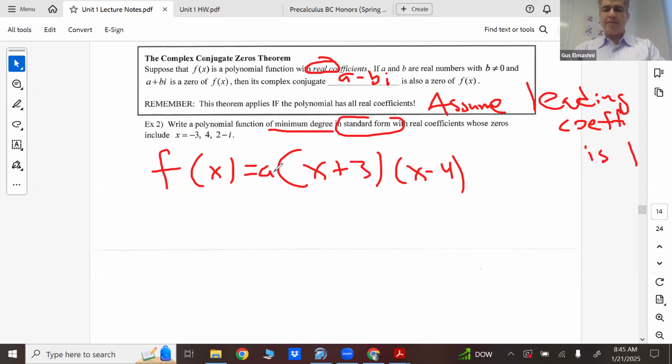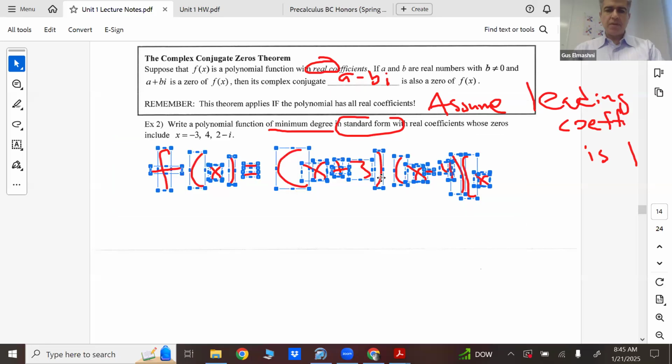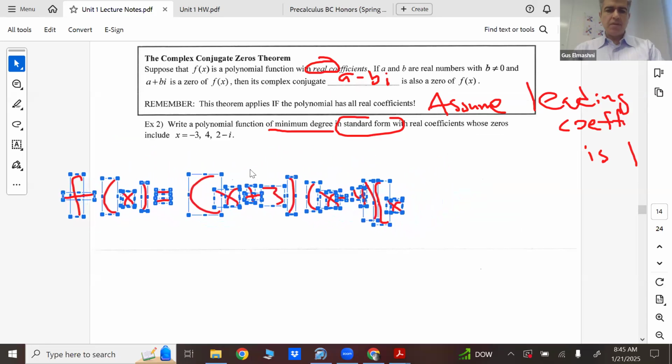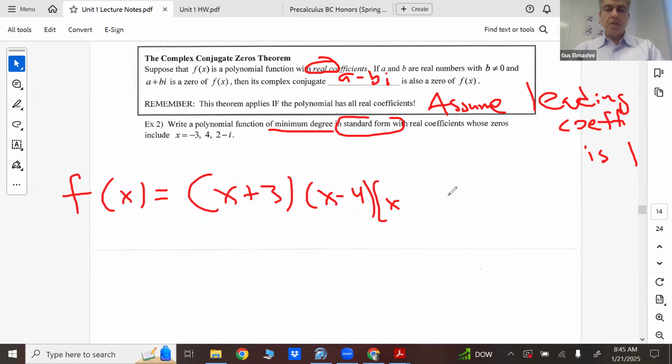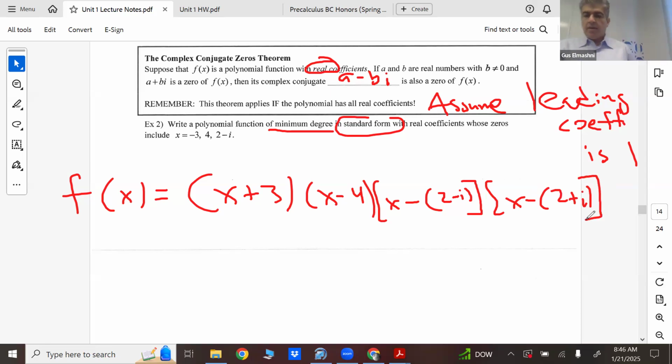I meant a like that, but just assume it's 1. Okay. What are going to be the other factors? Yeah, x minus 2 minus i, and x minus 2 plus i. Okay.